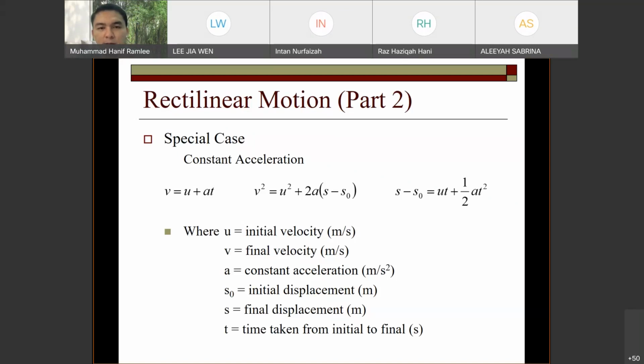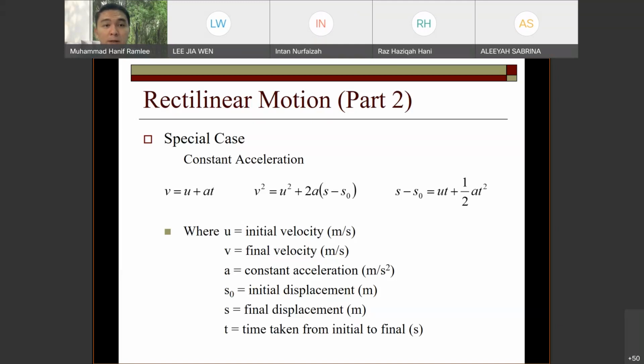And the third one is s minus s naught equal to ut plus half at square. This is the equation that you have to memorize. In the final exam, we are not providing you the equation, the formula. You have to memorize.